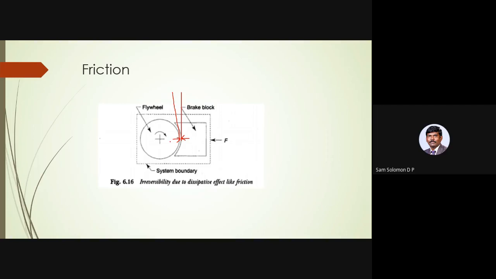Okay, so the flywheel, which was initially rotating at a higher velocity, is brought back to rest. So when I say heat transfer and work transfer is neglected, then all you have is the internal energy. So delta E is equal to 0. So Q is equal to delta E plus W. So Q is 0, W is 0, so delta E is 0.